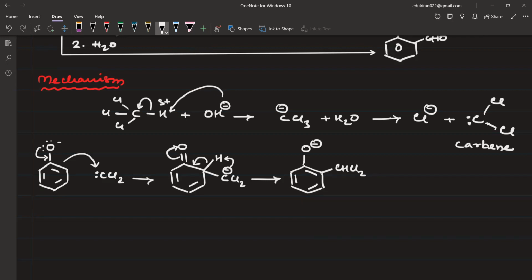Now look what is going to happen. We have CHCl2, and there is plenty of NaOH, which will replace these two Cl with OHs.